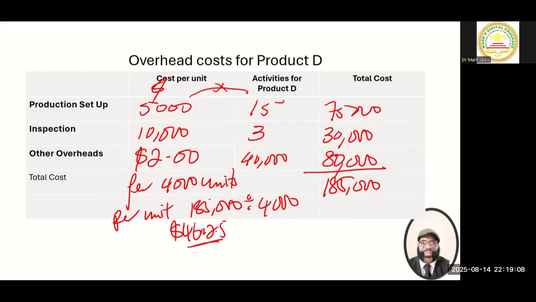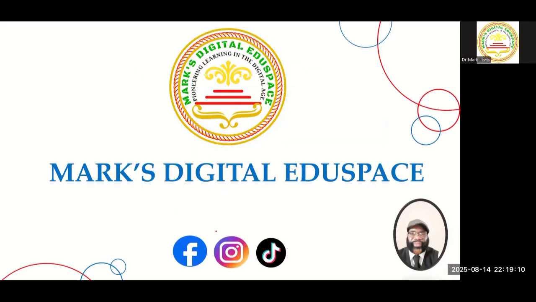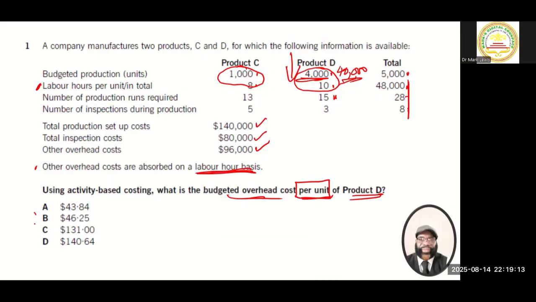If we now return to the question, we can see clearly that our answer is B, $46.25.